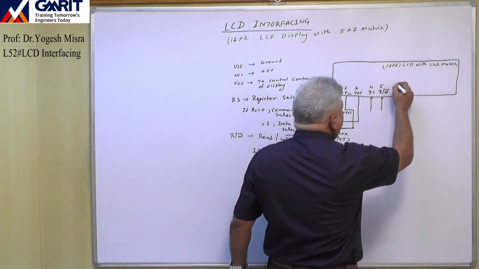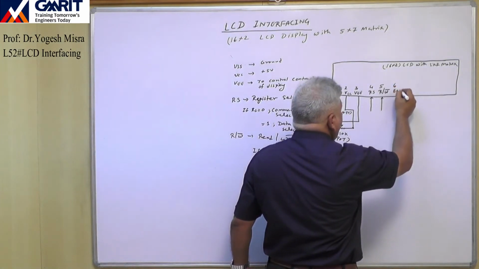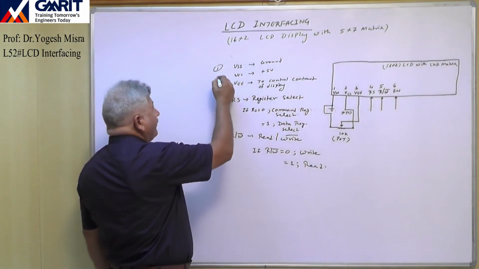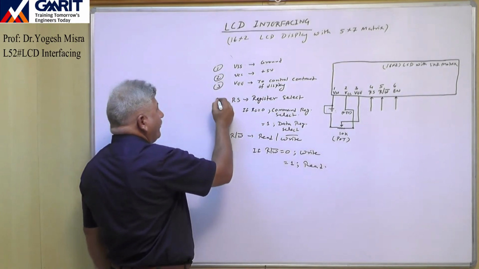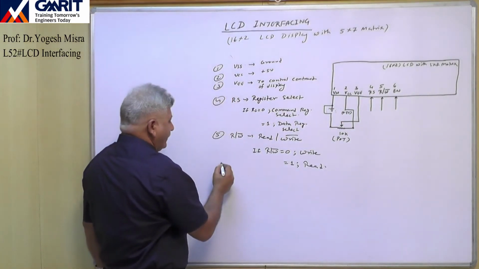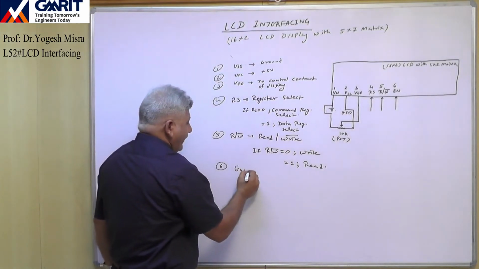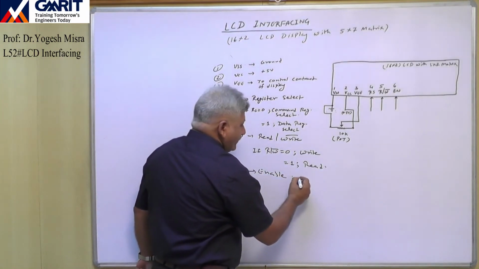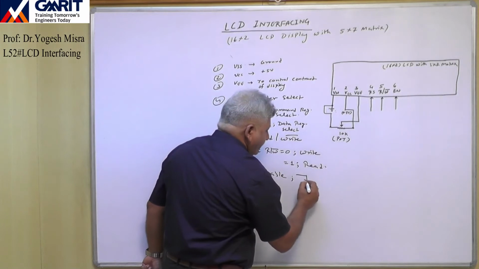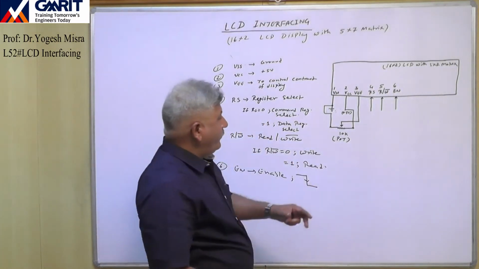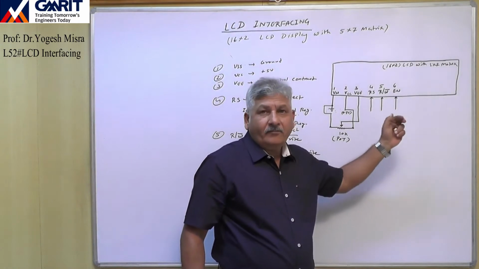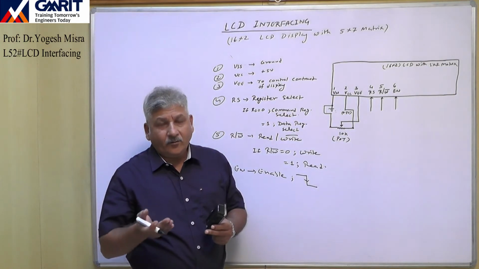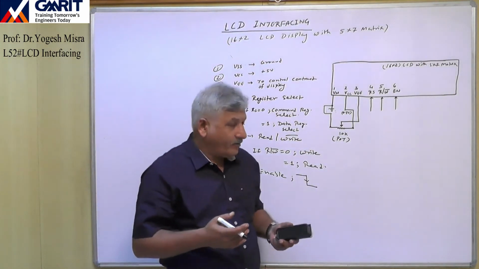After this, there is pin number 6, enable. So this is also an input pin. So 1, 2, 3, 4, 5 and 6. EN, this is enable. In this, a high to low pulse has to be applied over the enable pin so that the data or command word is written in the command register or data register.